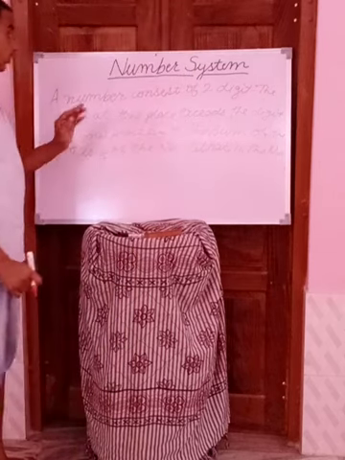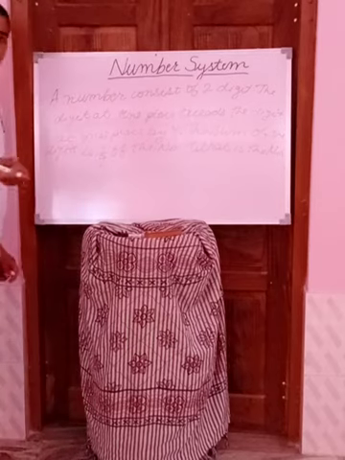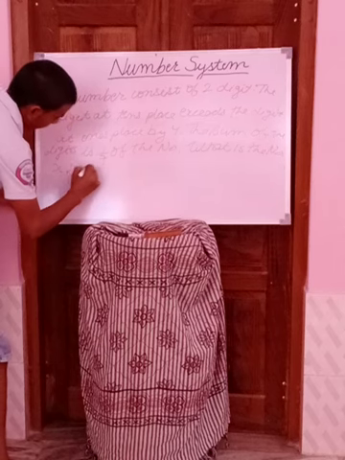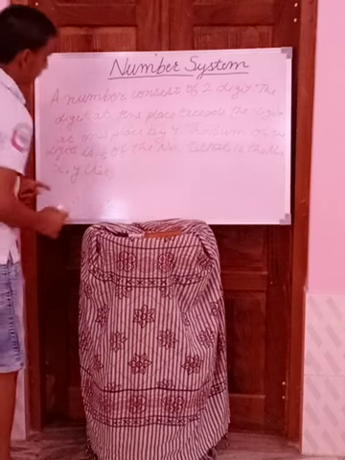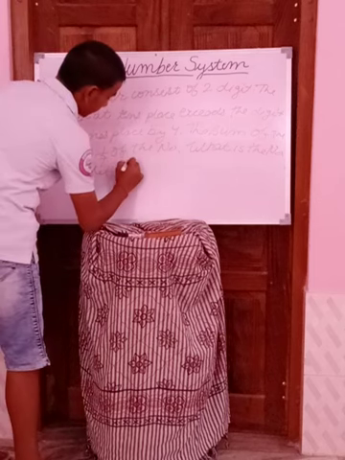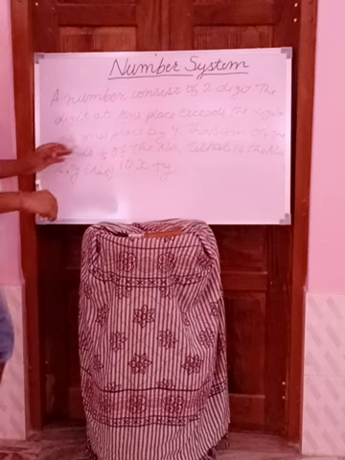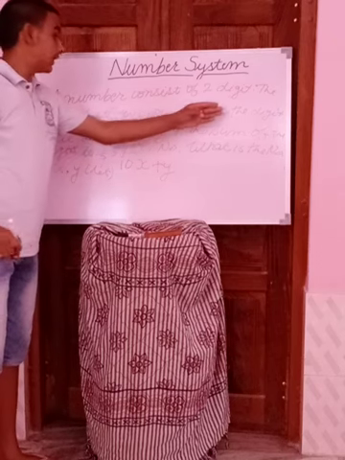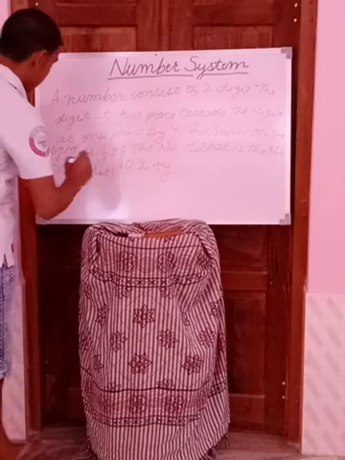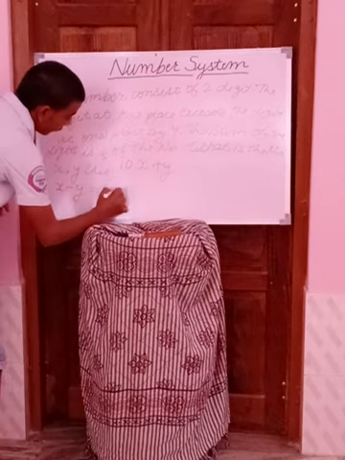So now let's solve it. A number consists of two digits. Now we can take the digits as x and y. The number according to these digits would be 10x plus y. The digit at tens place exceeds the digit at ones place by 4, meaning x minus y is equal to 4.